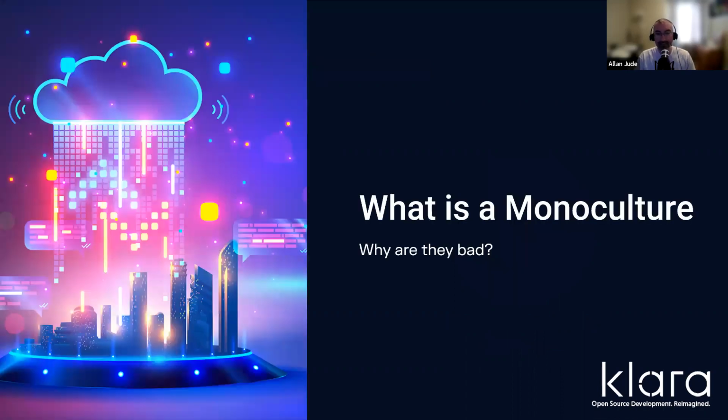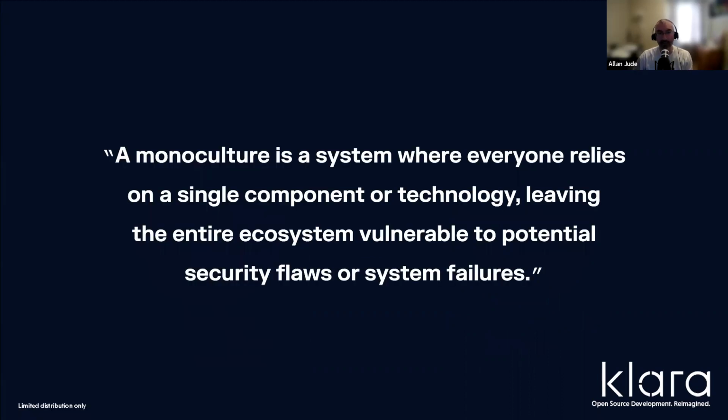So we'll get started. So what is a monoculture and why is it bad? A monoculture is a system where everyone relies on a single component or technology, leaving the entire ecosystem vulnerable to potential security flaws or system failures. It's kind of like a monopoly. When one software has a monopoly on everything, then they control everything. And that isn't always good for us or resiliency, right?